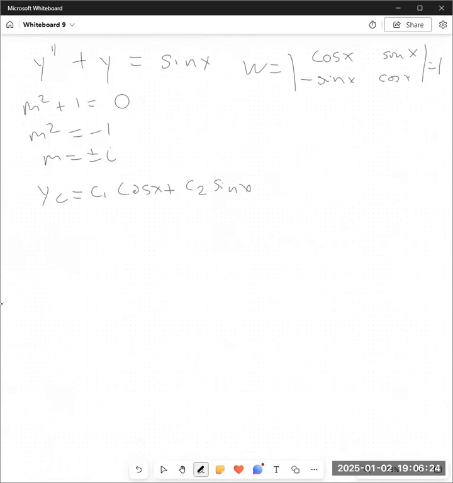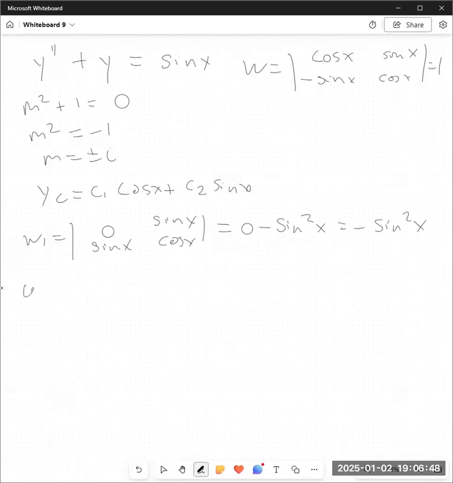So my w1 here is 0, sine x, cosine x. And so that's going to give me 0 minus sine squared x, which is a negative sine squared x.